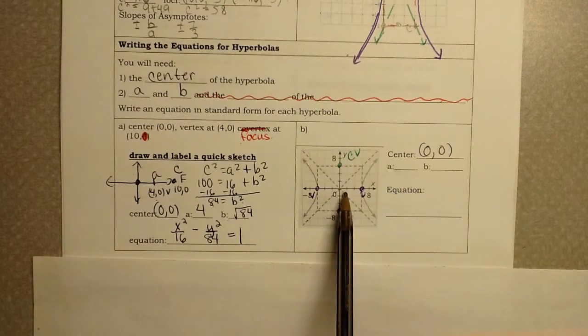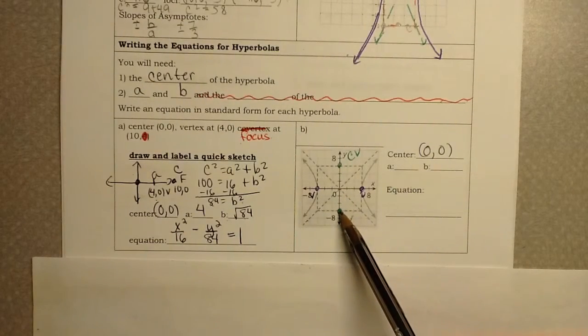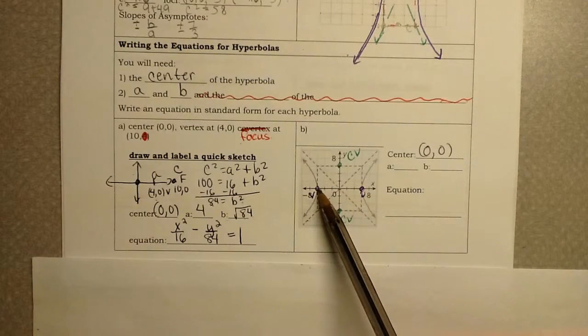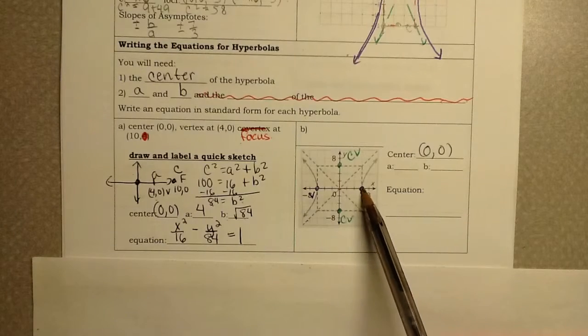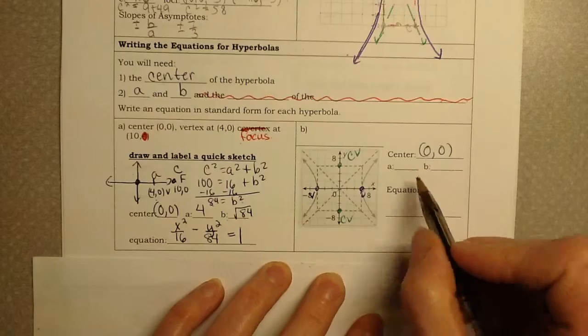All right. Now the distance from the center to the co-vertices, this is a scale of 2, 4, 6, 8. Okay. So on our vertices, it's at 6, 0 over here and negative 6, 0 here. So we know that A is 6.